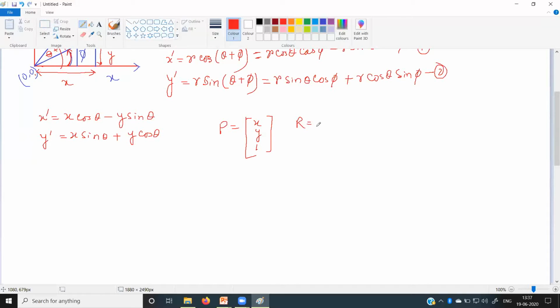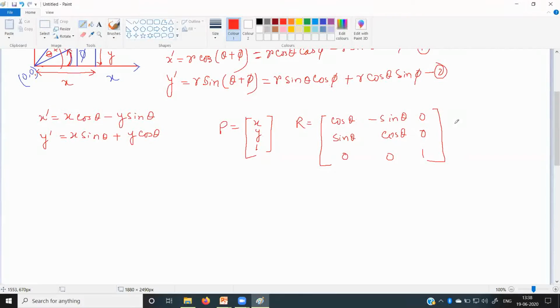So here the rotation matrix R will be nothing but: cos theta, minus sin theta, 0, then sin theta, cos theta, 0, and the last row is 0, 0, 1.